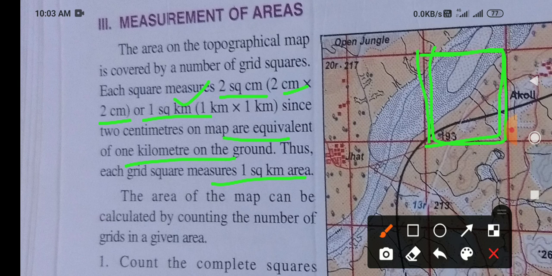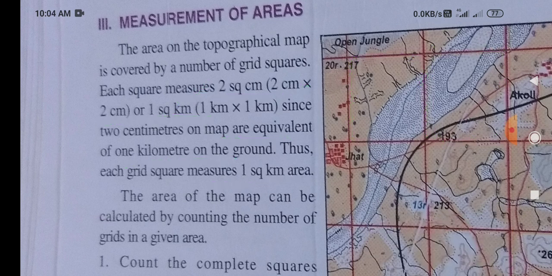If you read it once again, you can easily understand. So each grid square is of 1 square kilometer area. If there are 5 grid squares, then there is a 5 square kilometer area. Similarly, 10 grid squares equal 10 square kilometer area. That way it can be measured.